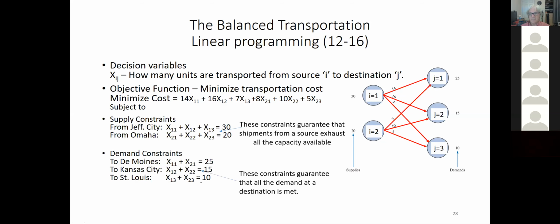Then come the demand constraints. Now I'm looking at the units shipped to the demand point, one being Des Moines. What is shipped to Des Moines from source 1 or from source 2, combined, has to be exactly equal to the demand of 25. And then Kansas City and St. Louis will be the same. That's how you build supply constraints and demand constraints.